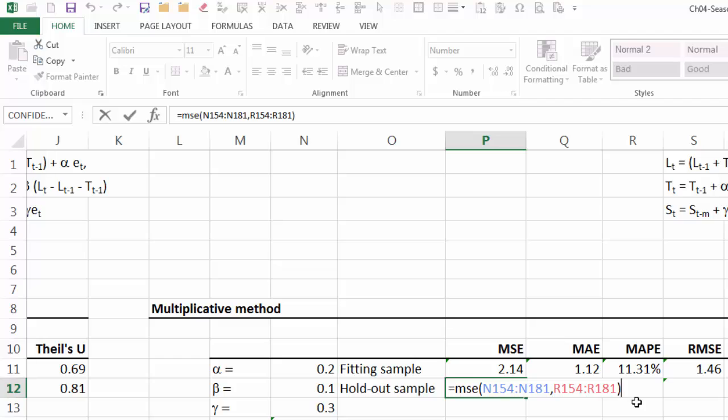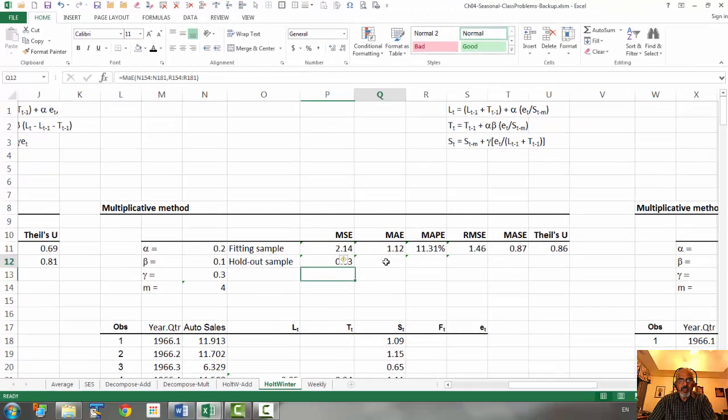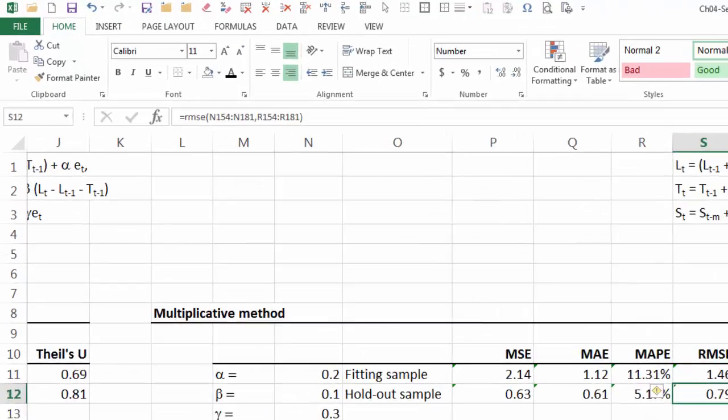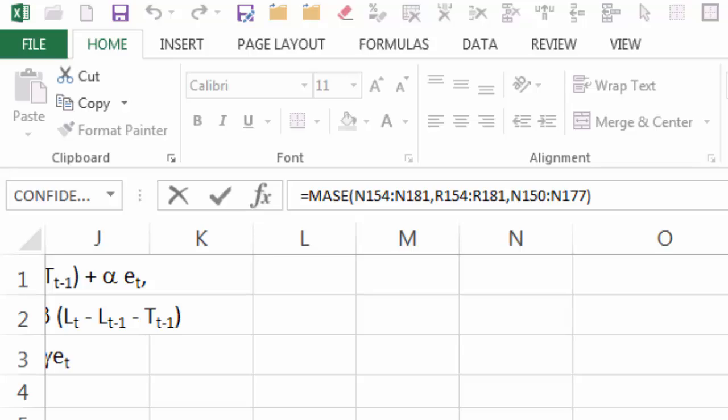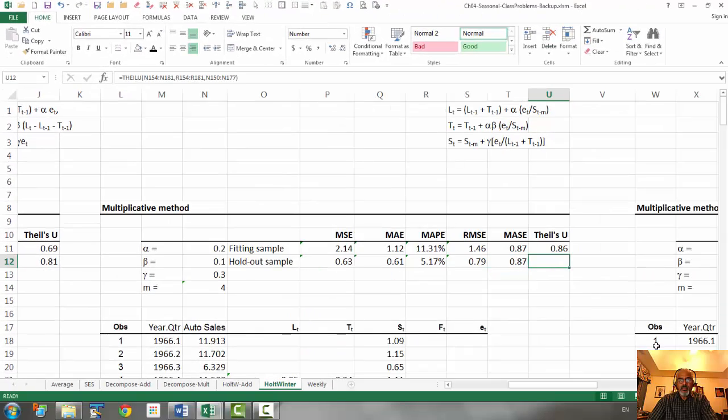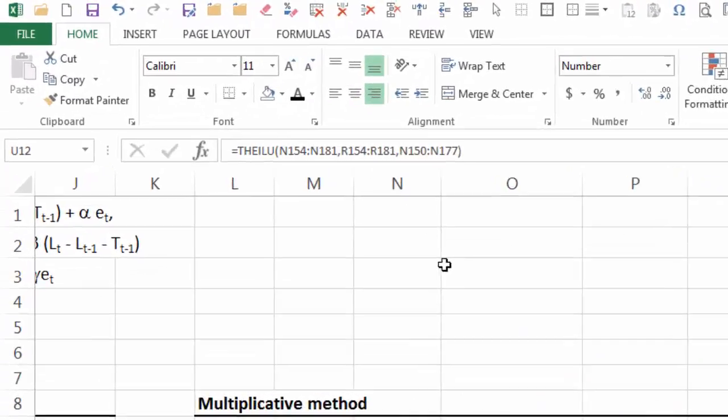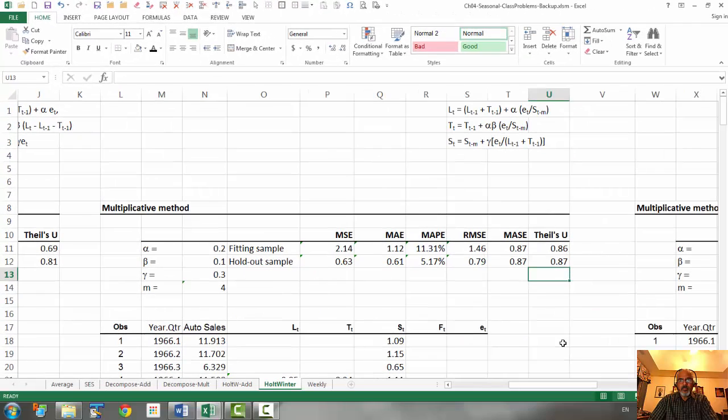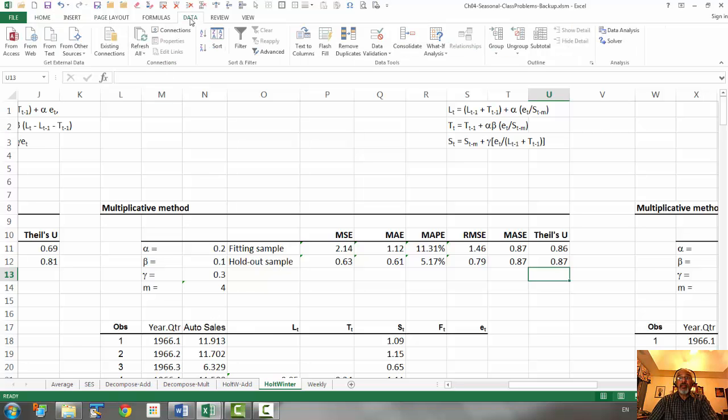Okay, so that's MSE, and similar ranges for these three: MAE, MAPE, and RMSE, and MASE would be one whole season shifted up. So here are the ranges, and same range for Theil's U. So now we can run Data Solver.